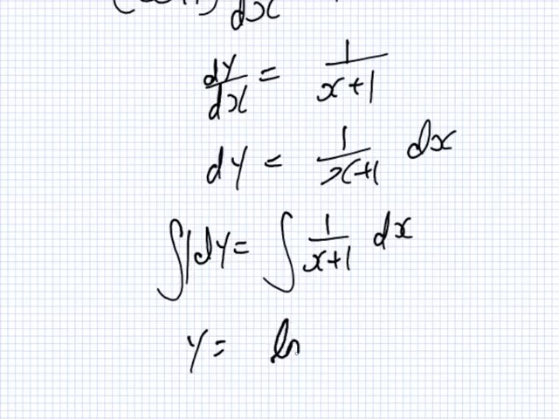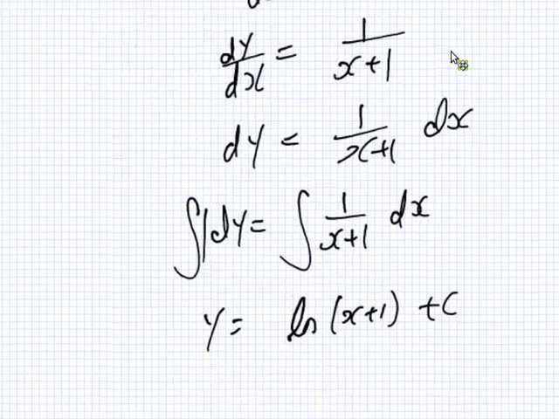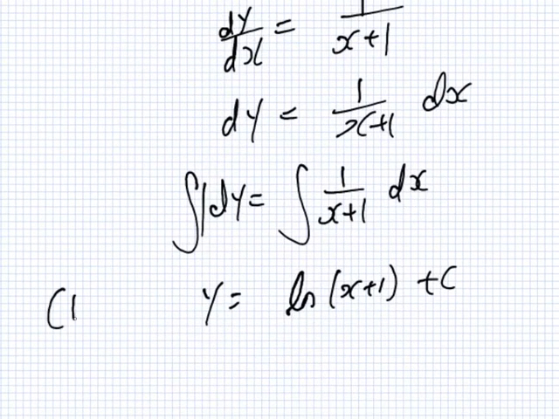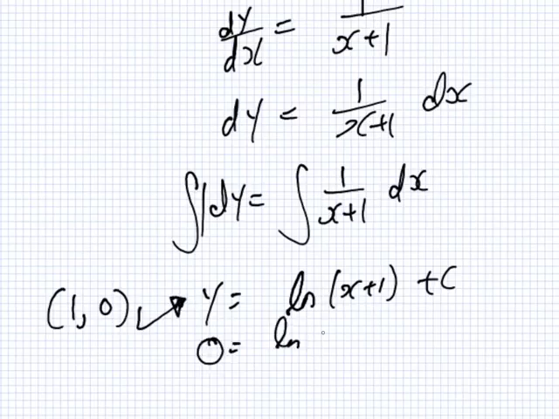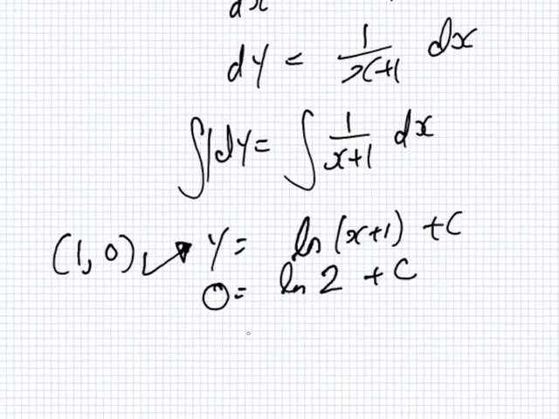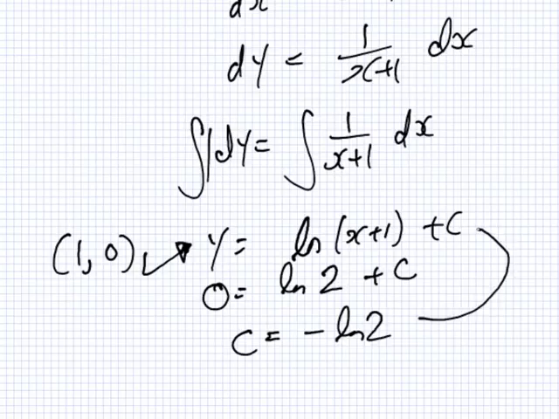Log x plus 1. My point is 1, 0. So when I put that in, I get 0 equals log 2 plus c. So that means c equals minus log 2, and I can put that back.